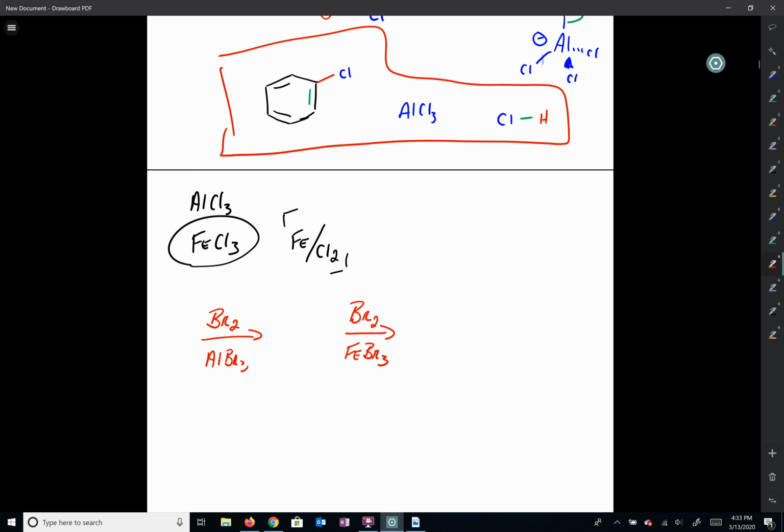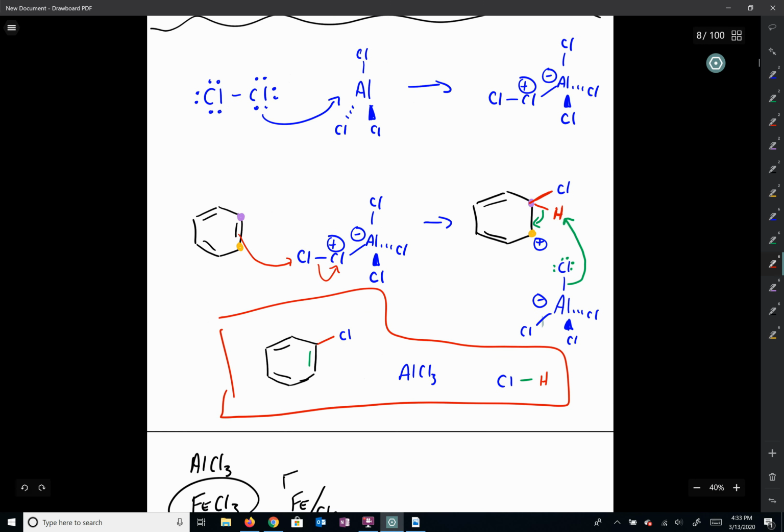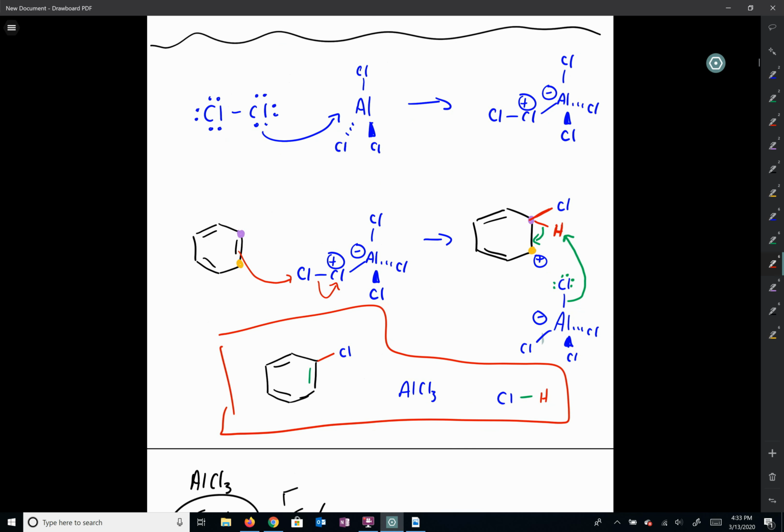Cool. So that is how we can add one equivalent of a halogen to an aromatic ring. You guys have to know this mechanism, the basic steps of it, because it is how we're going to be looking at a lot of these other mechanisms.